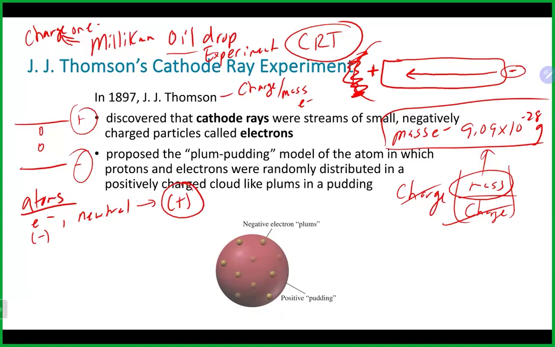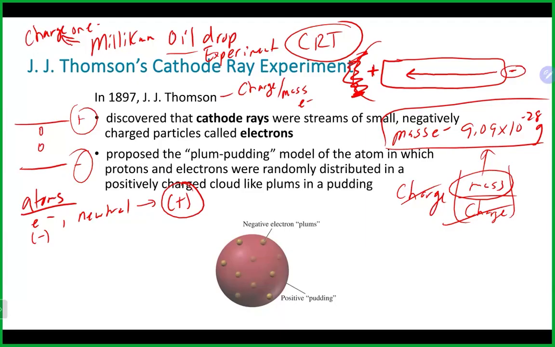So what this led to was an early model of the atom, which was done by Thomson, and it was referred to as the plum pudding model of the atom. Plum pudding is a kind of rice dessert with raisins and pudding, and the raisins are in the pudding. And the idea was, all right, we know it's neutral. It's got to have some positive charge somewhere.